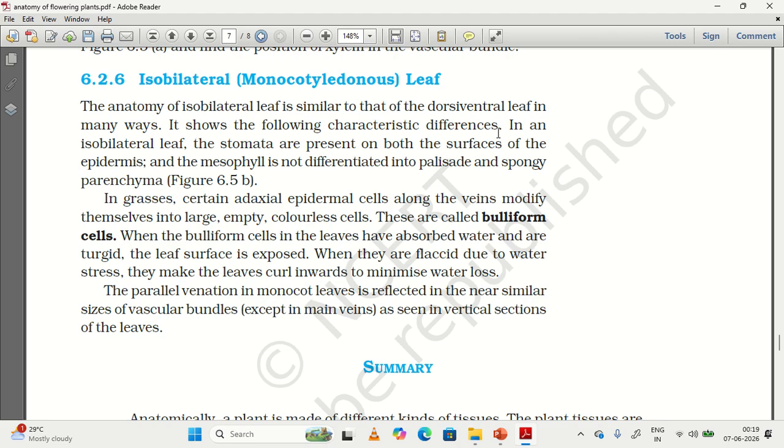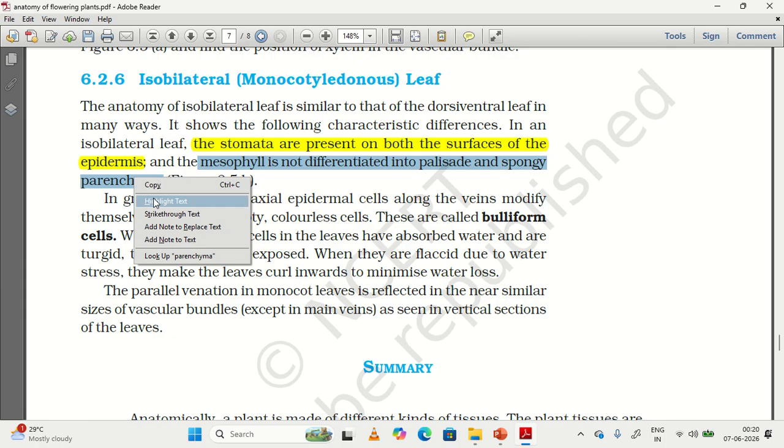In the isobilateral leaf, the stomata are present on both sides, whereas in the dicot leaf the stomata are present mostly on the lower surface only. In the monocot leaf the mesophyll is not differentiated into palisade and spongy parenchyma.